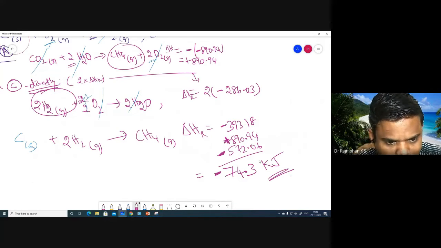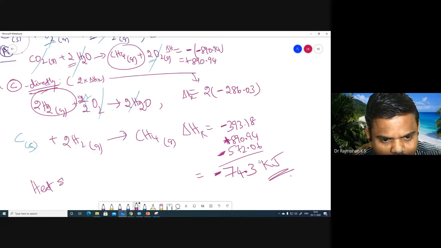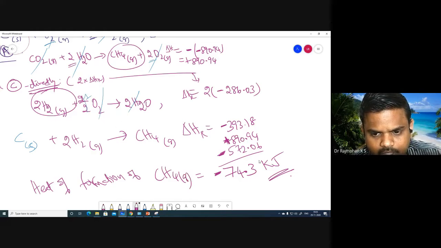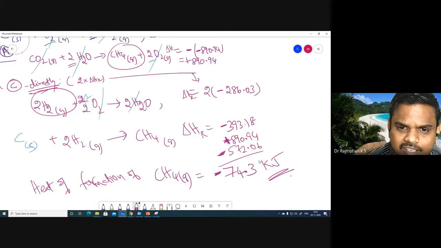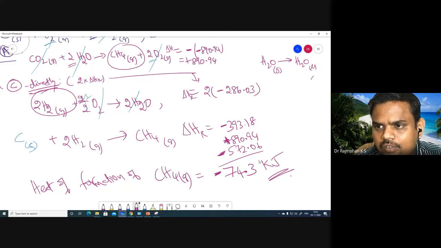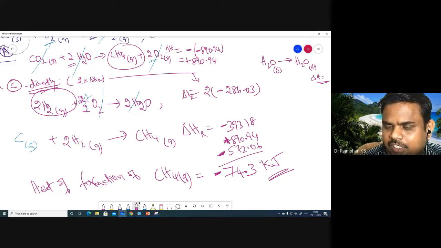You can write that: heat of formation of methane gas. Remember, in some cases just a phase change may be there. For example, water vapor becoming liquid water will also have some delta H. It may be of the latent heat of vaporization type, so that also will be taken into consideration.